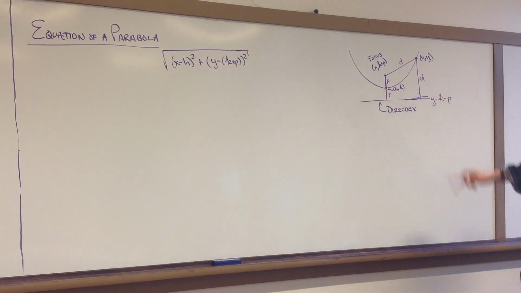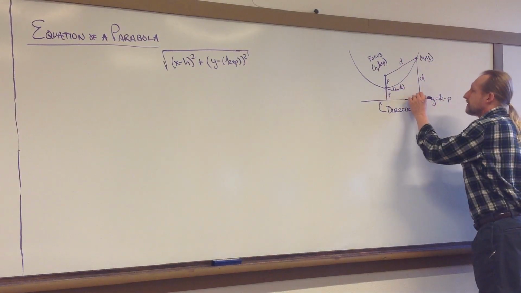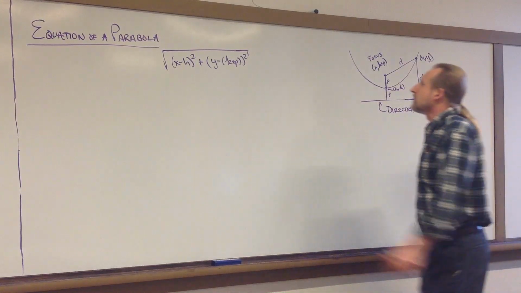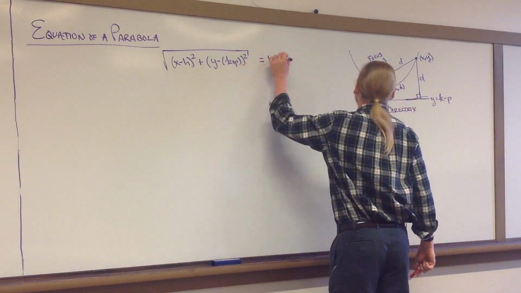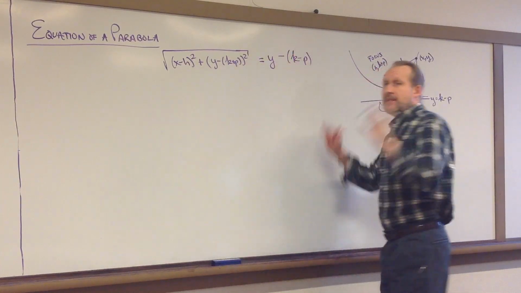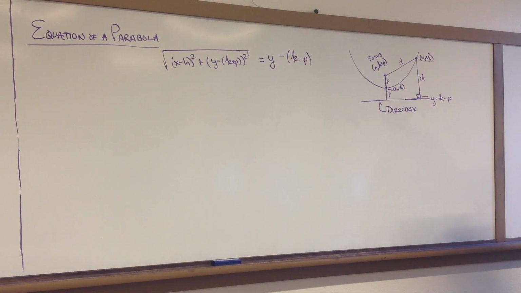Okay? This distance right here, this is a vertical distance. We don't need the distance formula. It's just the difference between this value of y and this value of y. Y minus (k minus p) in parentheses. And that's it. That's all we have to worry about. Okay? All right.